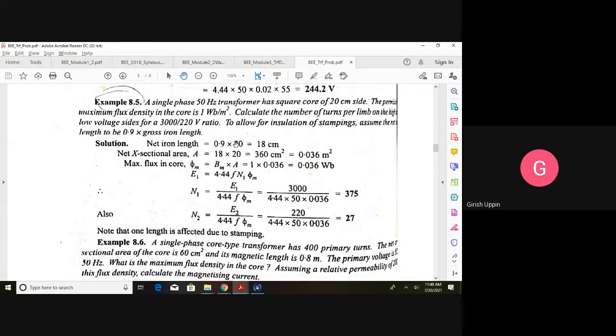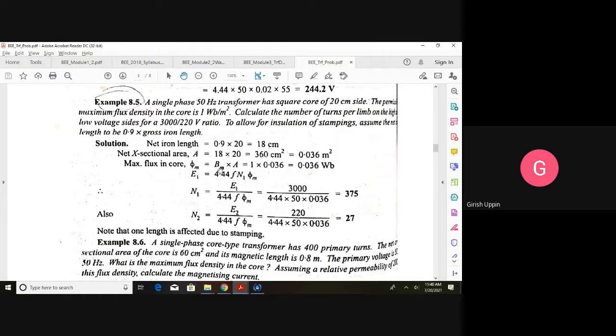In this example, they have not directly given the flux. They have given the area and they have given the BM. For finding the flux, you have to find the area. To allow for the insulation of the stampings, assume the net length is 0.9 the gross length. The gross length is 20 centimeter.